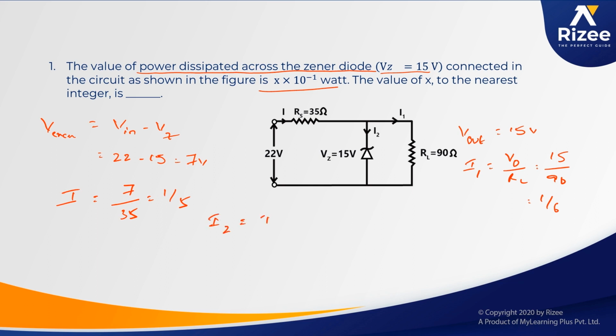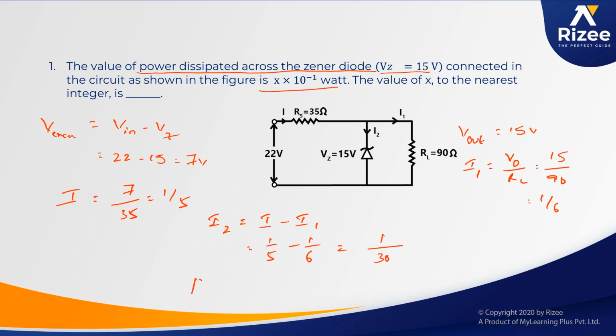I2 is equal to I minus I1. So I is 1 by 5 minus 1 by 6. The LCM will be 30, so it is 1 by 30. This is your I2 value.